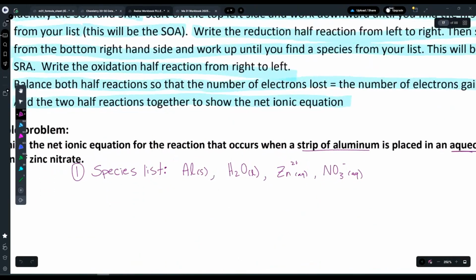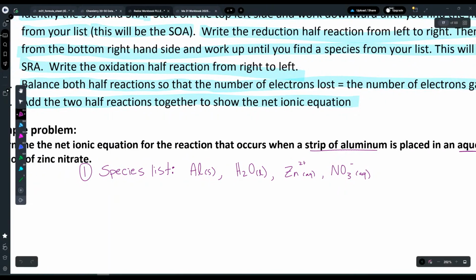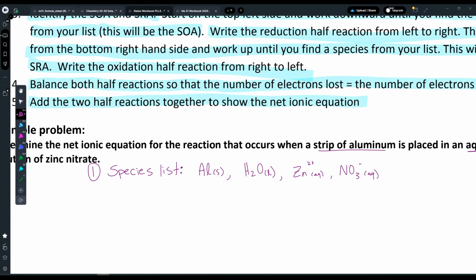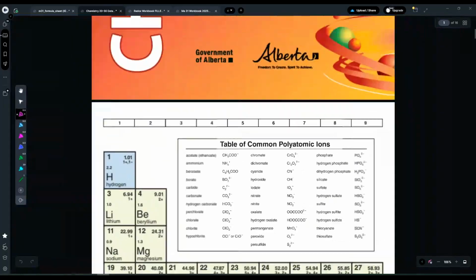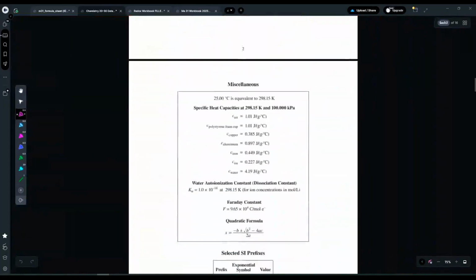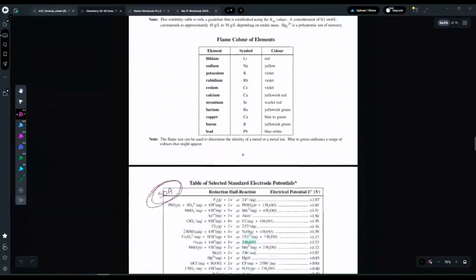So we need to go through all of these species and figure out, okay, what is an OA, what is an RA, and so on and so forth. One thing that I want to talk about before going through this entire list is that some chemical species are special, and they're special in the fact that they show up both as oxidizing agents as well as reducing agents.